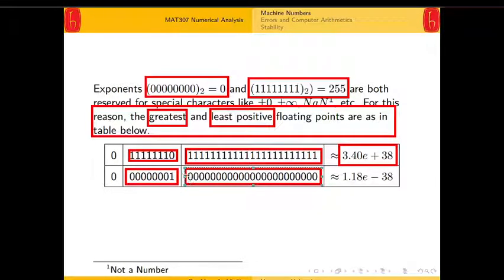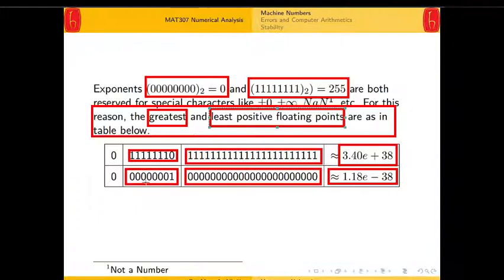So the mantissa will be 1.0, and the exponent is 1; subtracting 127 from 1 gives negative 126. So 2 to the negative 126 is approximately this number. This will be the least positive floating point on the machine.